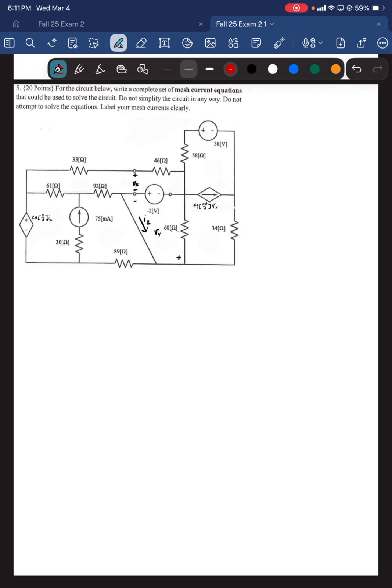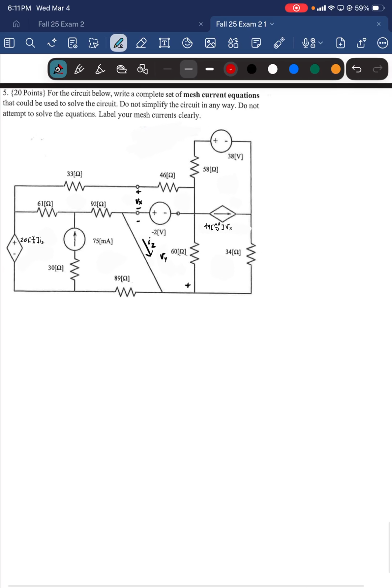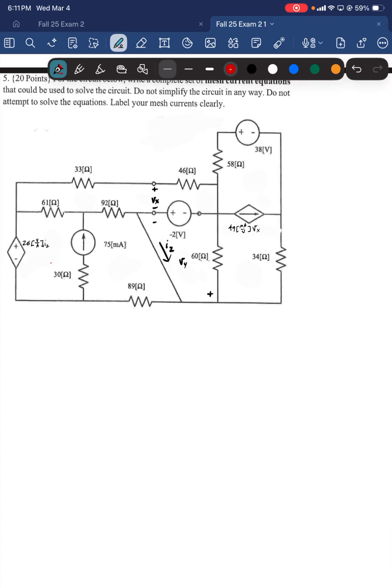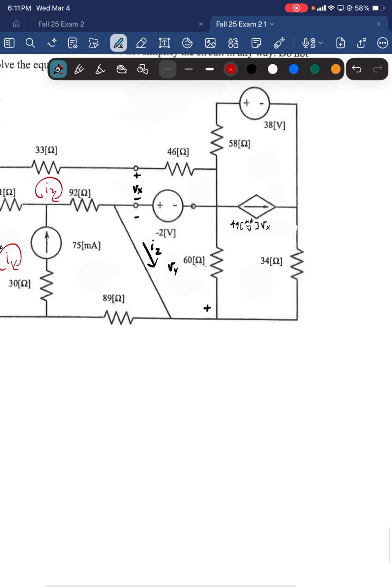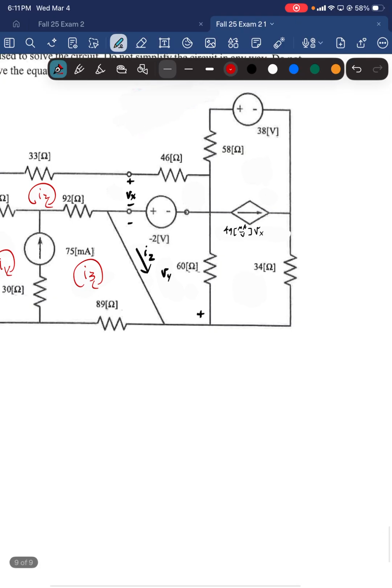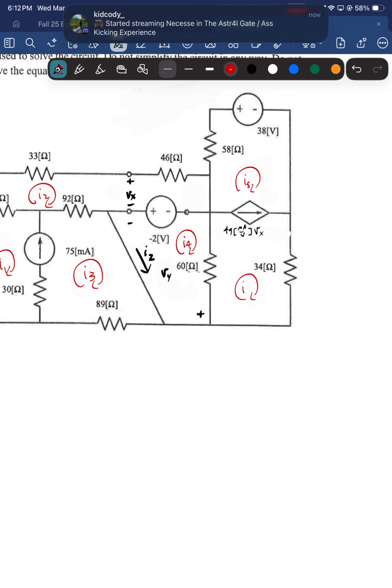So do we remember how to do mesh? Yeah. So first step is going to be to define currents for each mesh. So let's say that's I1, I2, I3, I4, I5, I6.